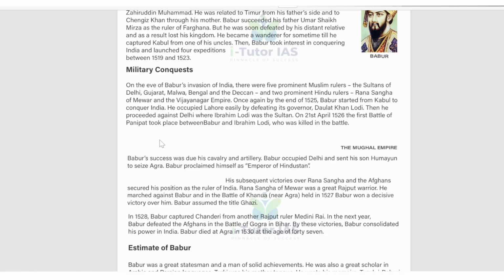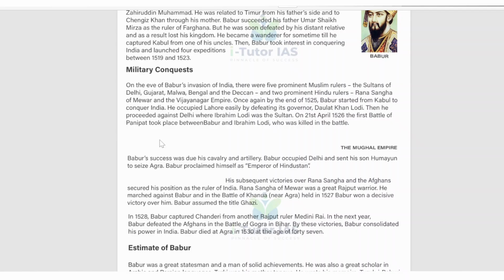By the end of 1525, Babur started from Kabul to conquer India, and he occupied Lahore easily by defeating its governor, Daulat Khan Lodi, and then he proceeded against Delhi, where Ibrahim Lodi was the Sultan. On 21st April 1526, the first Battle of Panipat took place between Babur and Ibrahim Lodi, who was killed in the battle.